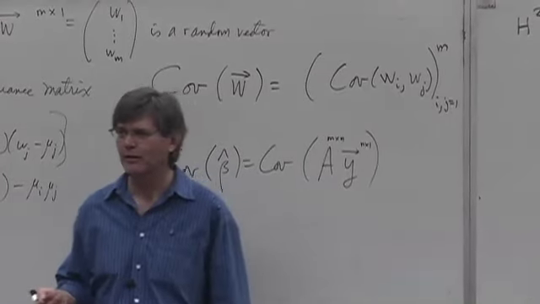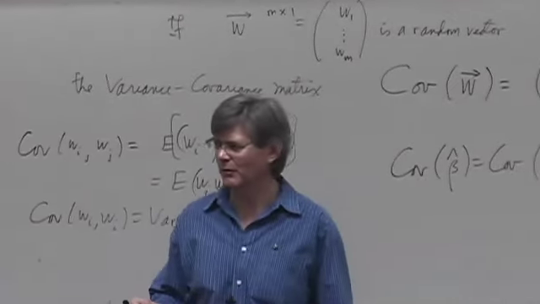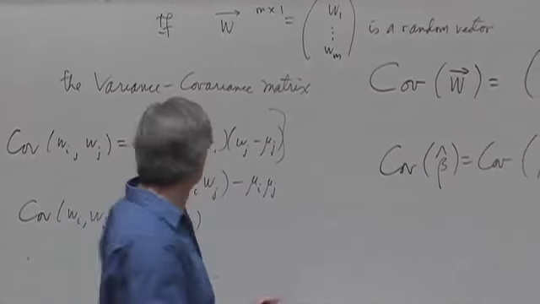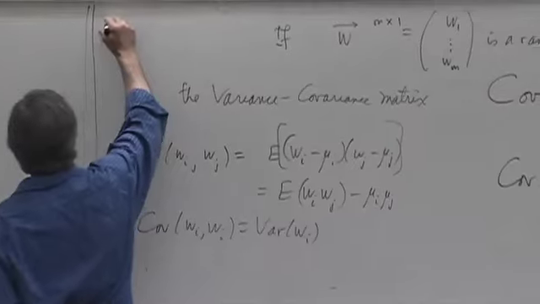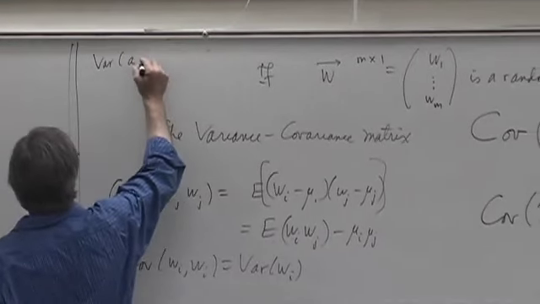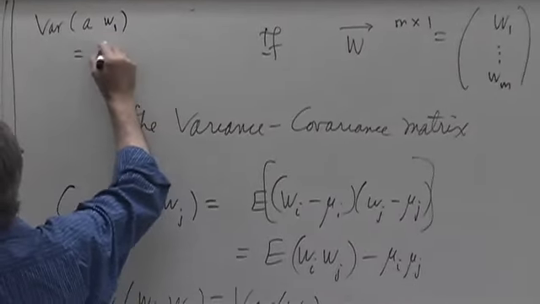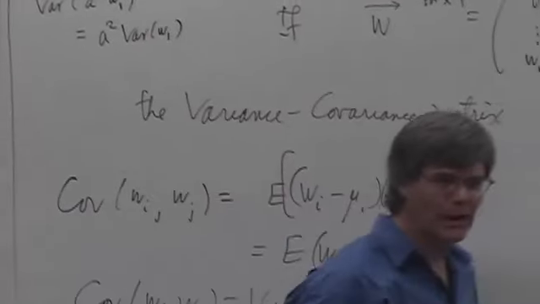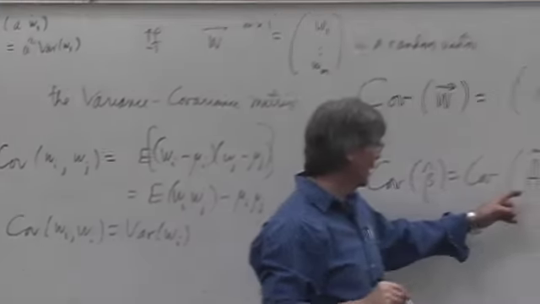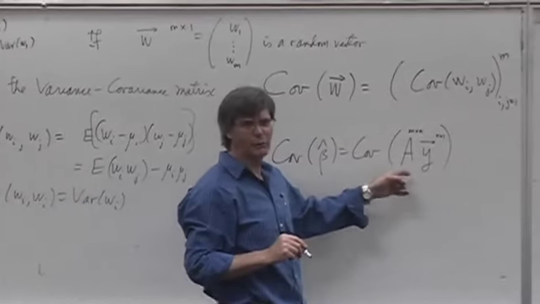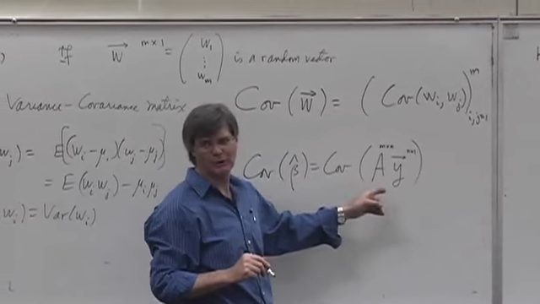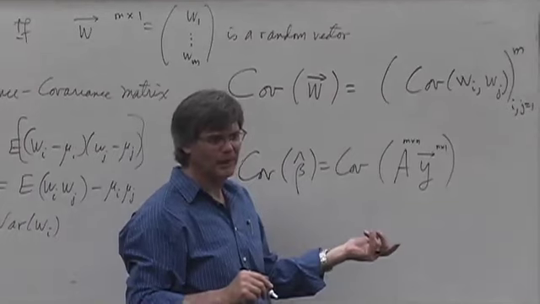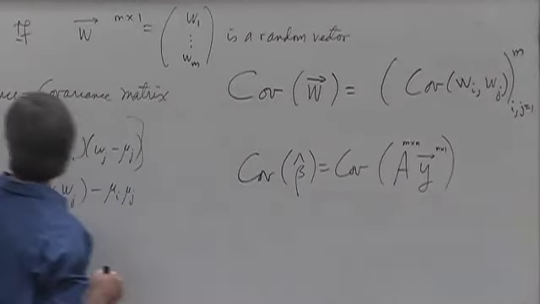Now, what do you know? You know that the variance of a constant times a random variable is the constant squared times the variance of the random variable. So variance of little a times W1 equals a squared times the variance of W1. So what would be the simplest formula that I would write out in terms of capital A and the variance covariance matrix of Y itself, such that I'd get an m by m matrix and would have the right scaling?